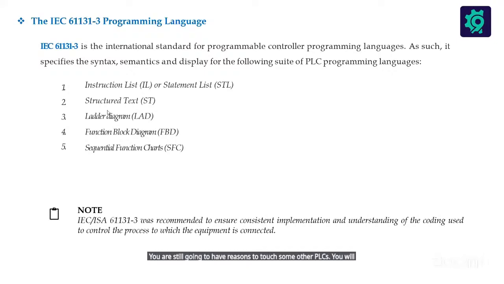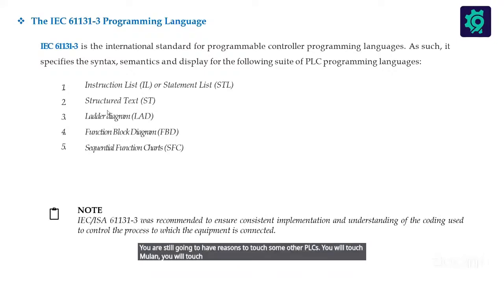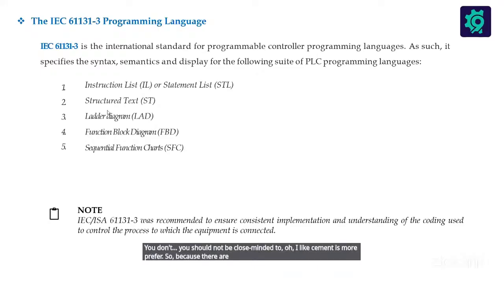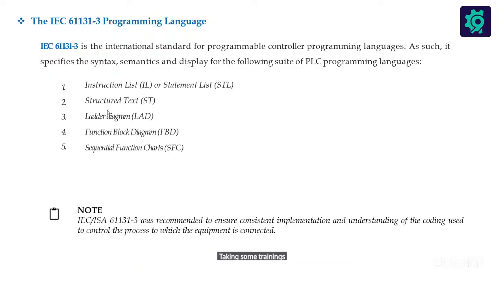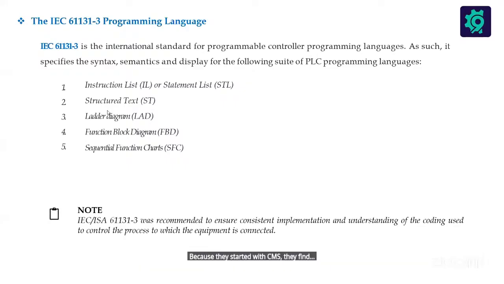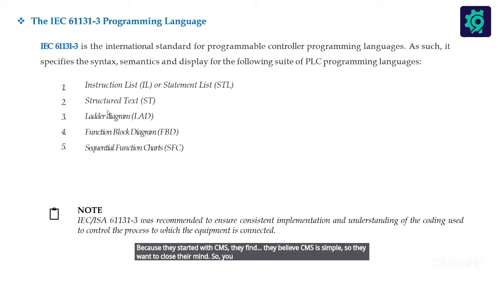You will touch Omron, you will touch Mitsubishi, you will touch Schneider Electric, and a number of others. So you should not be close-minded, saying, oh, I like Siemens, Siemens is more preferred. I've taken some trainings where, because they started with Allen Bradley, they believe Allen Bradley is simpler and want to stick to it. I've also seen the reverse case, where because they started with Siemens, they believe Siemens is simpler, so they want to close their mind. You shouldn't close your mind on anything.